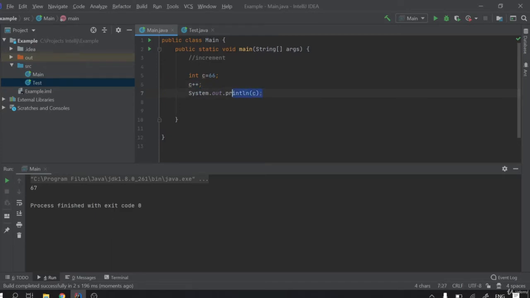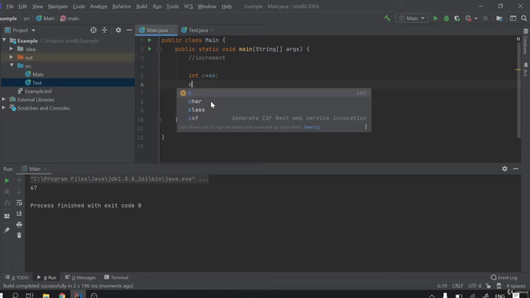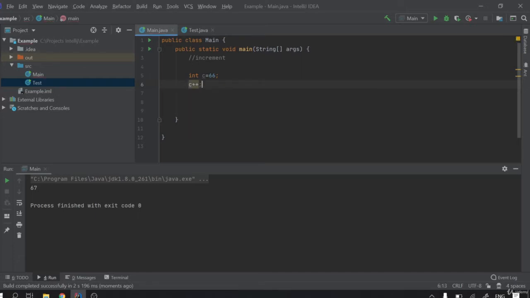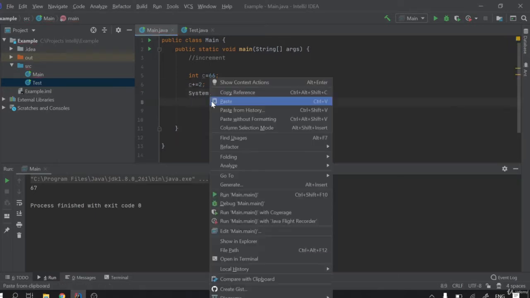So let's do this in a more complex way. When I write this, I can only increment by 1. But what if I want to do this for 2? Let's write this. Yeah, I wrote this. Let's see what's going to happen.